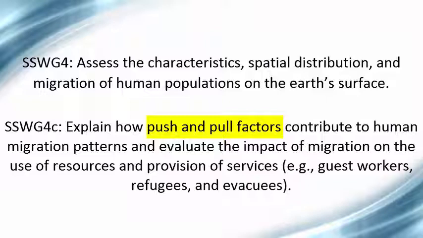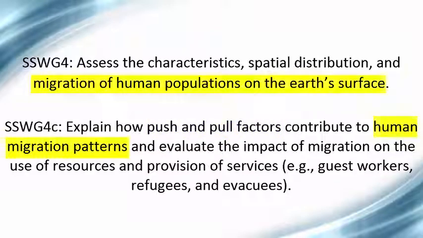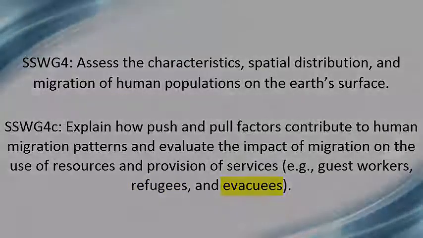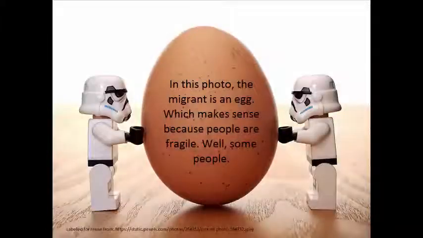We will then explore some historic examples of significant migrations, making use of migration maps to help us understand the big picture. Lastly, we will investigate how migrations can impact resources and services, specifically focusing on guest workers, refugees, and evacuees.